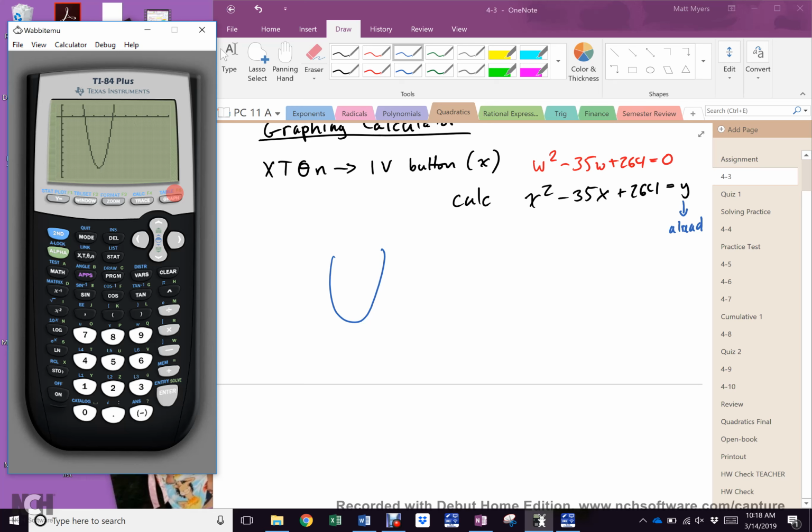Everybody cool? Where? Well, did you change your window to match this? Then you just push graph. Okay. Yes.